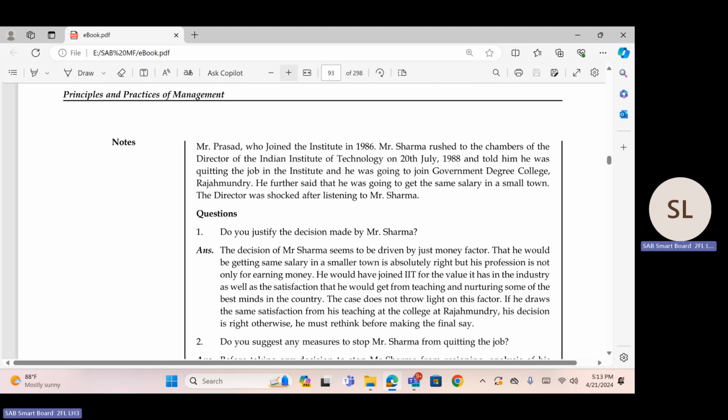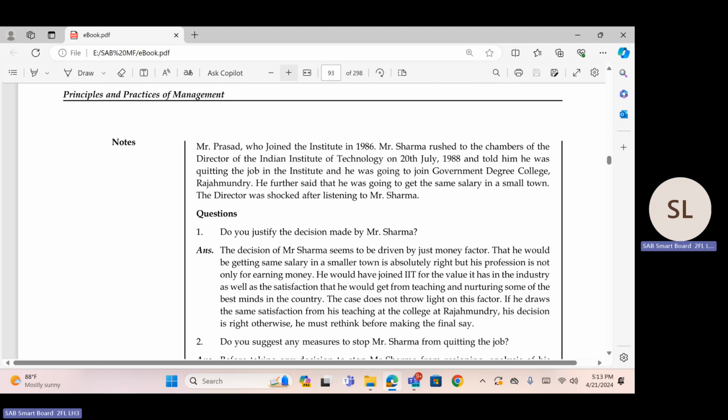But since this IIT is very prestigious and popular internationally, he has not considered that reputation to develop his profession. And he has made the decision only looking at the salary. That's the way you have to give a very impartial answer.